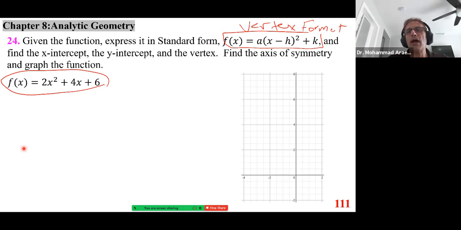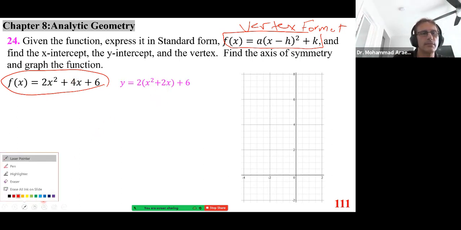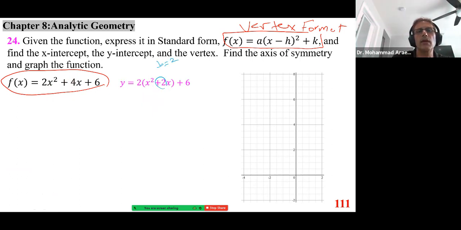Well, we don't have to put it in that form if we are not asked. Since we are asked, I'm going to show you how to do that by putting these two together and factoring out the 2. Now, you complete the square inside. This is your b. b is 2. Divided by 2 is 1. Square it is 1.